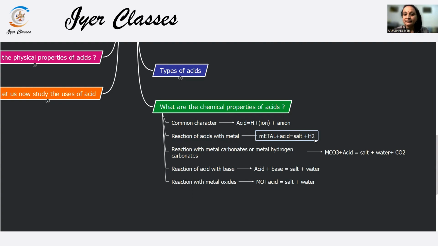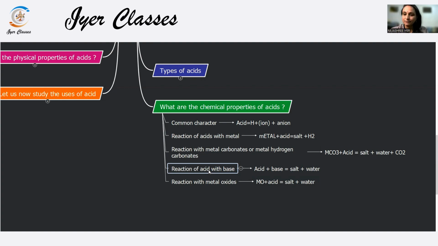And if a metal carbonate or a metal hydrogen carbonate reacts with an acid, let's see what happens. Metal carbonate plus acid gives us salt, water, and carbon dioxide gas is released.